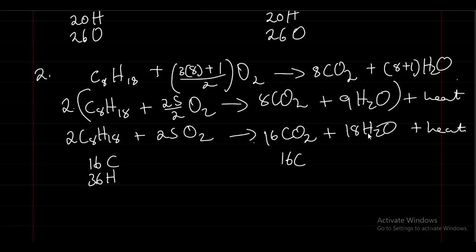What about here? 18 times 2, still 36 hydrogens. What about oxygens? I have 25 times 2, 50 oxygens. In here I have 16 times 2, which is 32, plus 18, which is 50 oxygens. So it works.